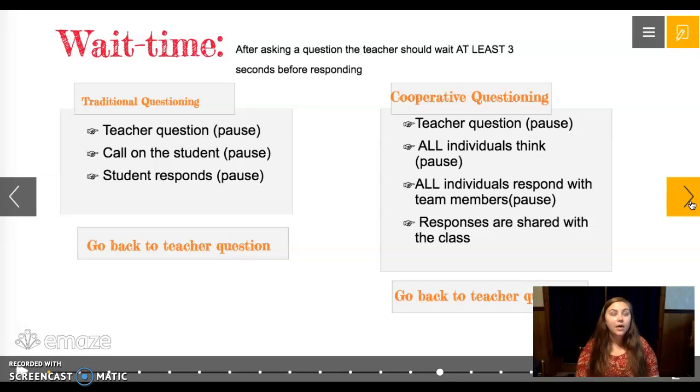Another really important part is that after the student responds, you're going to pause after they say that. Why? If you have students that are not really good at trying their hardest, maybe they're giving you a half-hearted, half thought out answer, and they're really not wanting to share a lot of their thoughts, waiting after they give their answer is going to pull a lot more out of them.